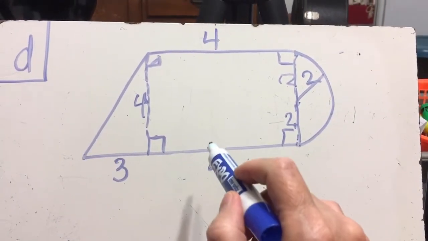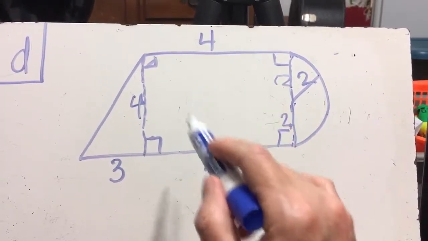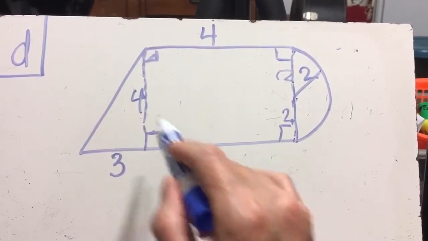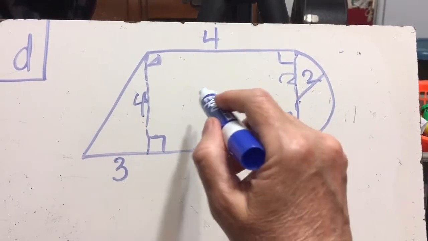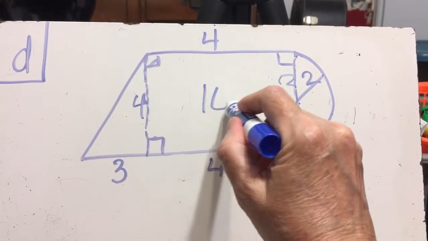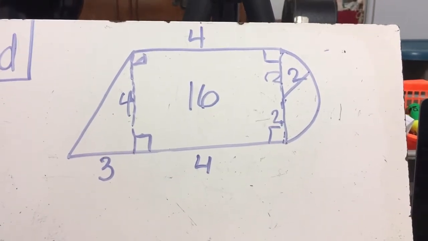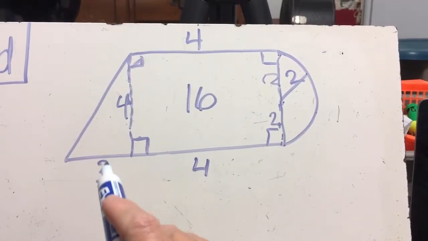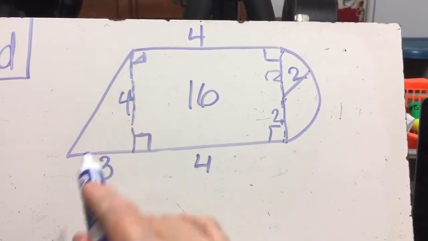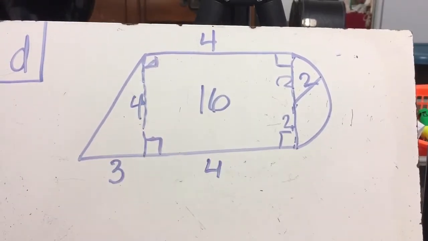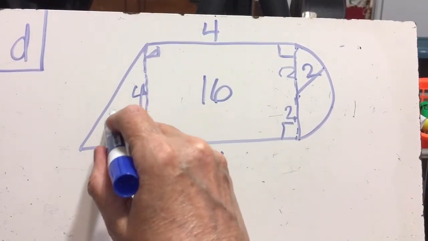So now it should look like a square, but I made it too wide, didn't I? It's really a square. 4 times 4 is a square, so 4 times 4 is 16. And looks can be deceiving. And then over here we have a triangle, and the triangle is going to be 1/2 base times height, or 1/2 of 12 will be 6.